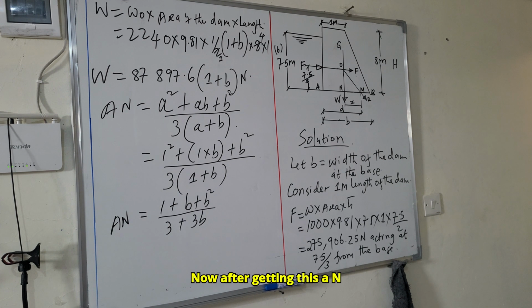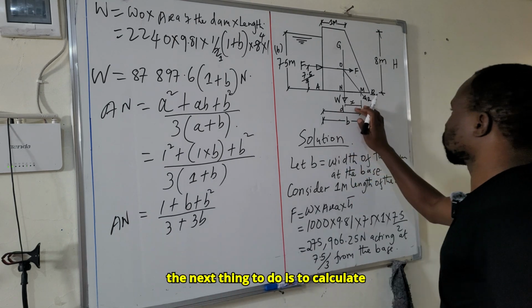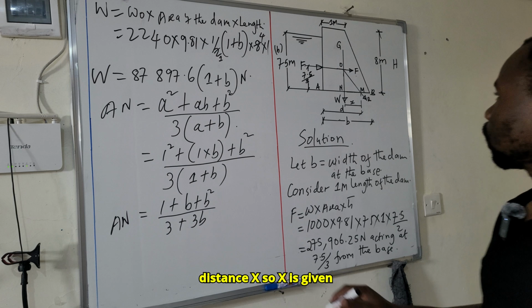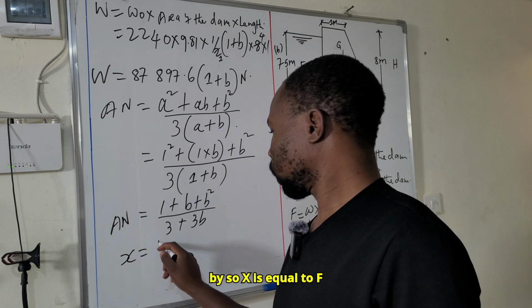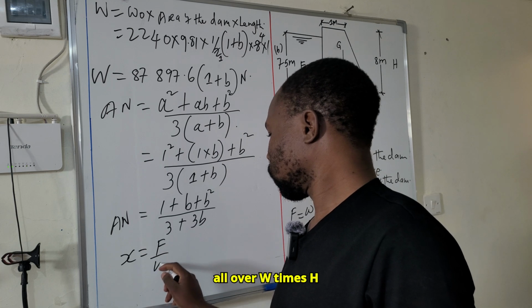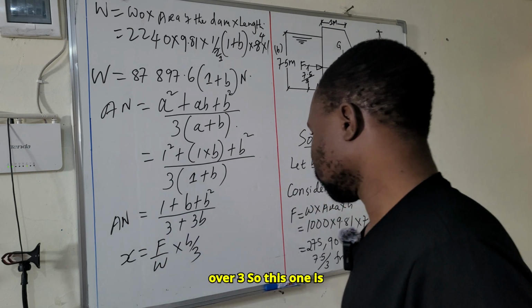Now after getting this AN, the next thing to do is to calculate distance X. X is equal to F all over W times h over 3.